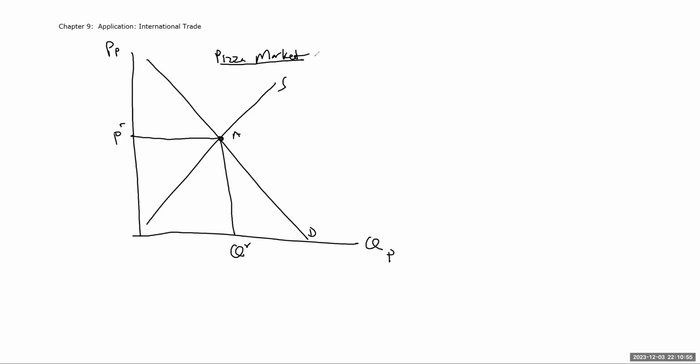So suppose this was the pizza market for LA, then all consumers and all producers were located in Los Angeles. We did not allow San Francisco consumers to buy these LA pizzas, nor do we allow LA pizza makers to sell to New York City. It was all self-contained within LA.